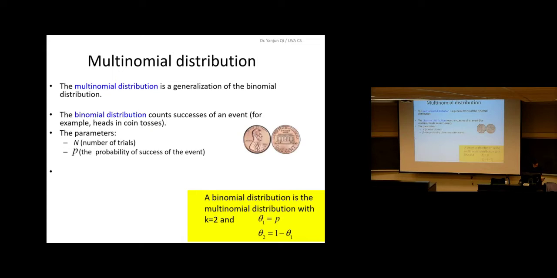Not to get you confused with what we just covered, you actually flip the coin n times, and the number of times it is heads is a random variable. Its distribution is the binomial distribution.